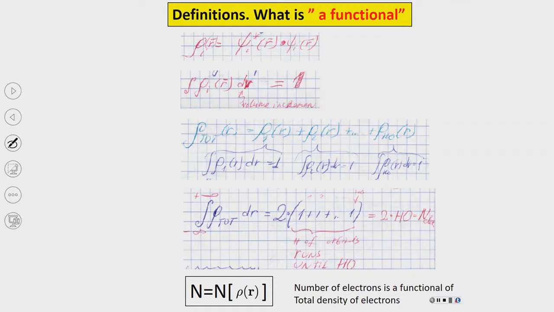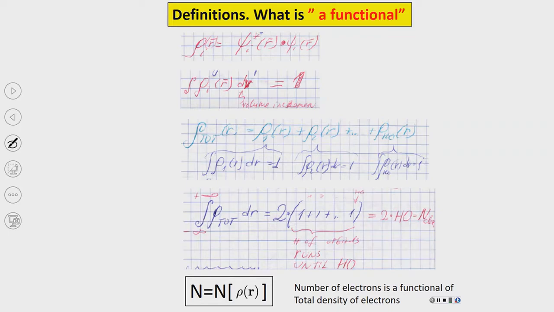What? If you take total density and integrate it over the whole space, what would you get? You do not hesitate, it's simple. Is it 1 still? No. 1 if you integrate the first, plus integrate the second, you get 1 once again.